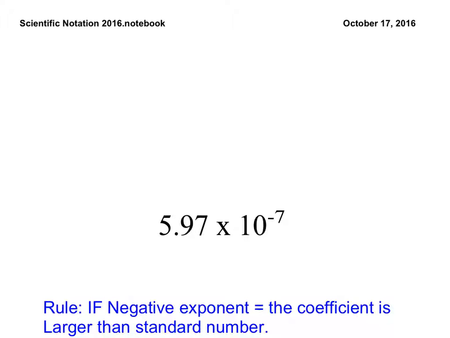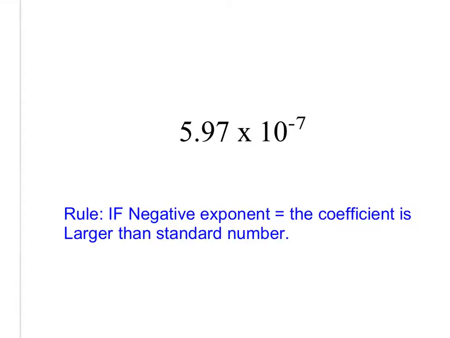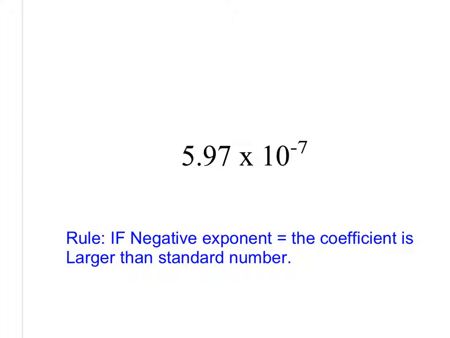And then we can look at converting a number with a negative exponent. And so again, our rule, these should be pretty familiar at this point. We look at a negative exponent, we know the coefficient is going to be larger than our standard number. So in this case, the coefficient is 5.97. We have a negative exponent, and so we have to convert to a standard.